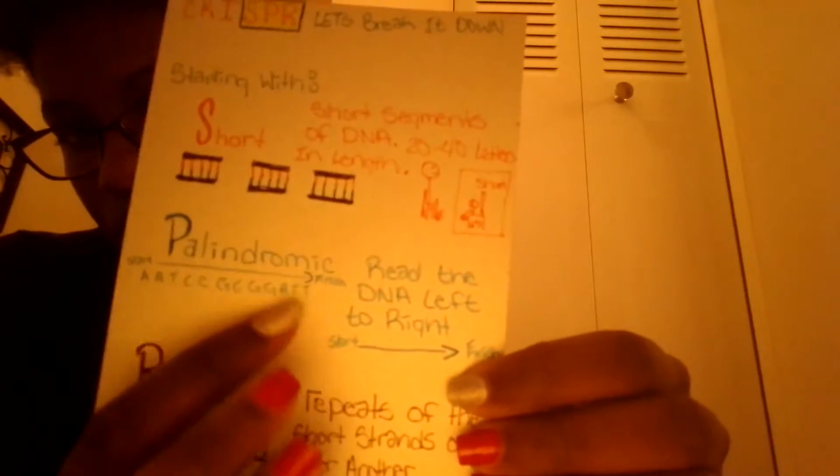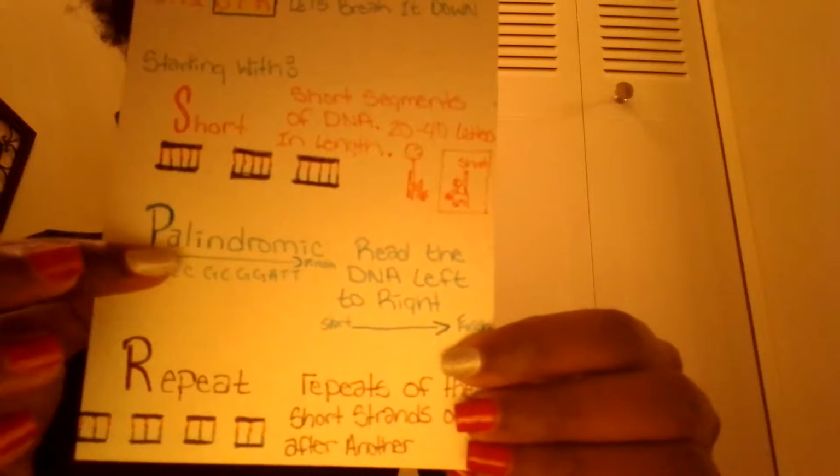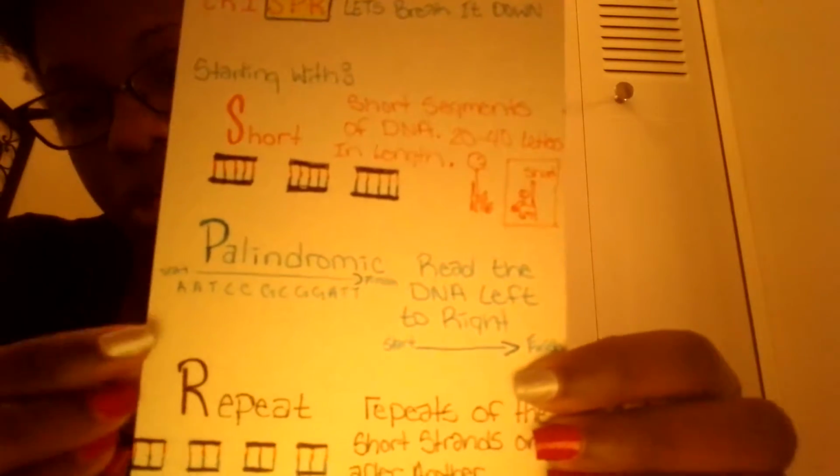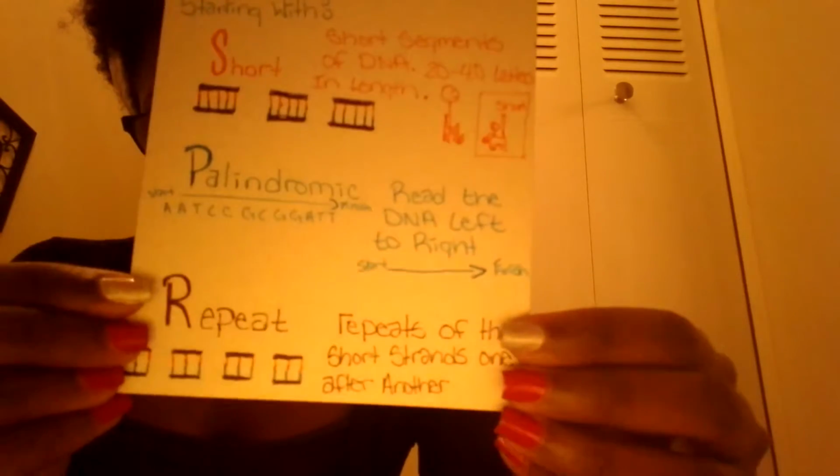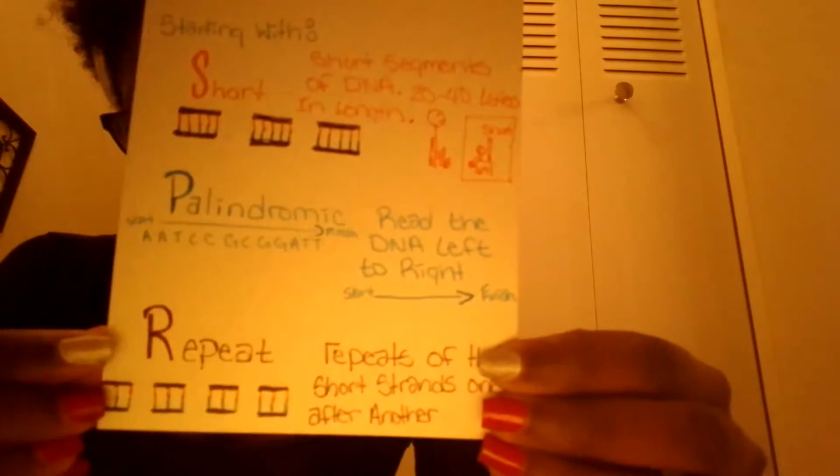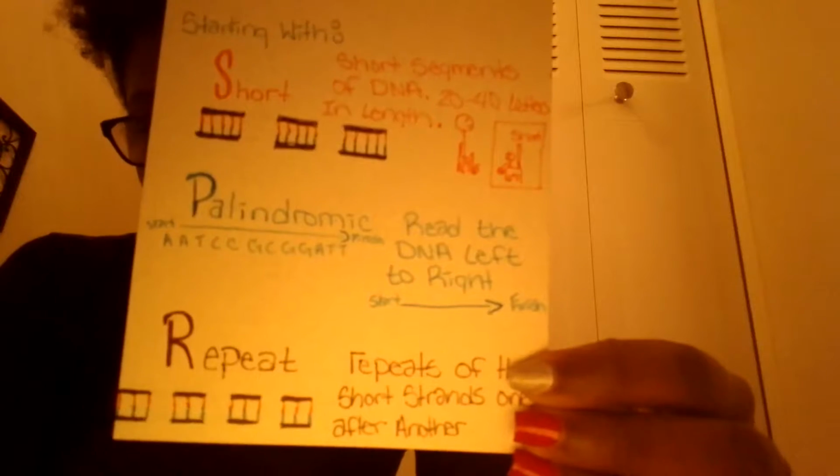Palindromic, breaking down the word. The omics means all of something, and a palindrome reads all of the short strands of DNA from left to right. That's what palindromic means. Now you have your repeats, and repeat is just like the word says.